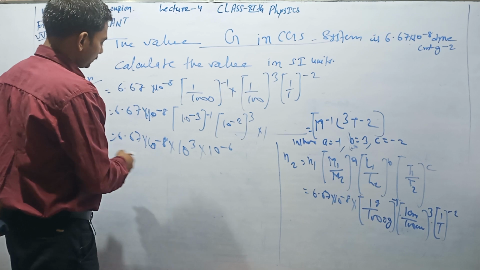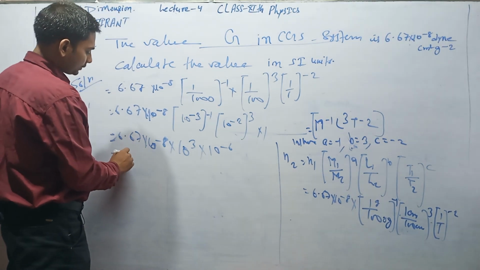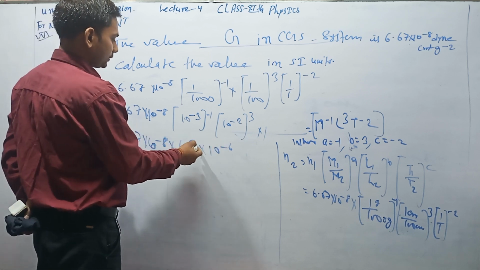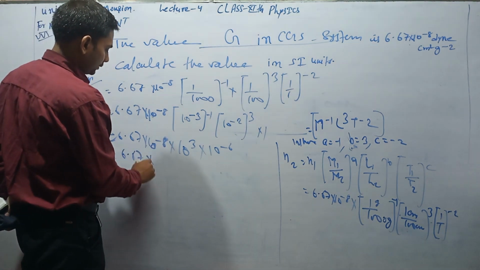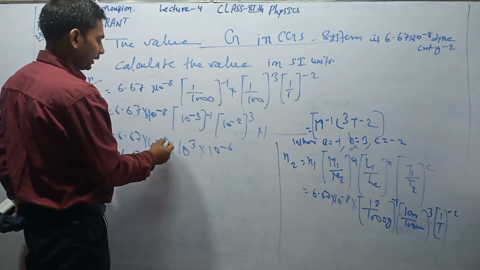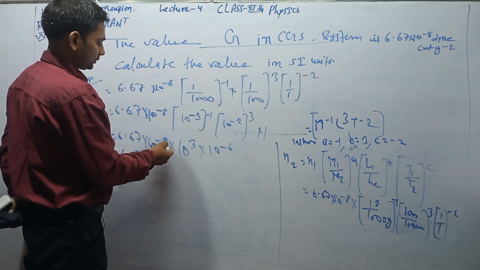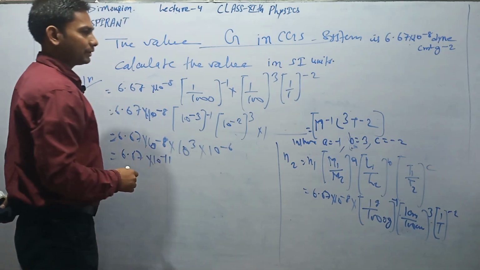Now I will solve 6.67. Here 8 minus 8 plus 3 minus 6, that is minus 11.